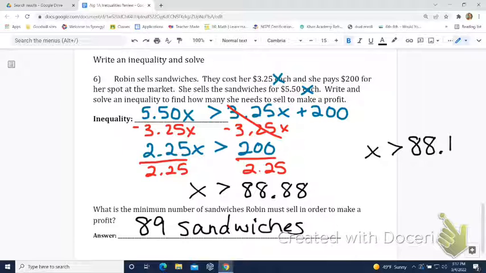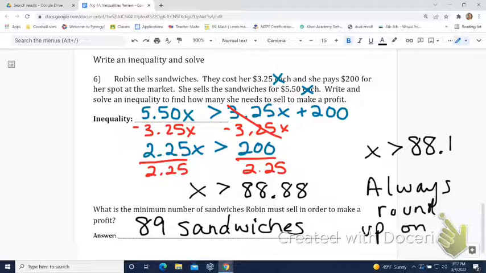Okay, so we always round up on these profit questions, because otherwise we would not make a profit. Or if it came out evenly and we didn't go up one, it would just mean we broke even, not that we earned any money. And it's asking to make a profit.